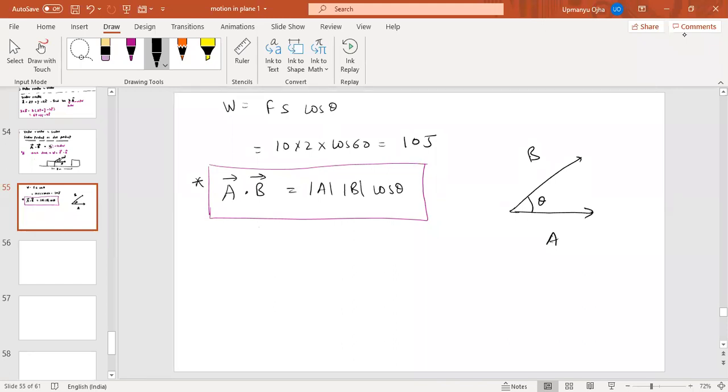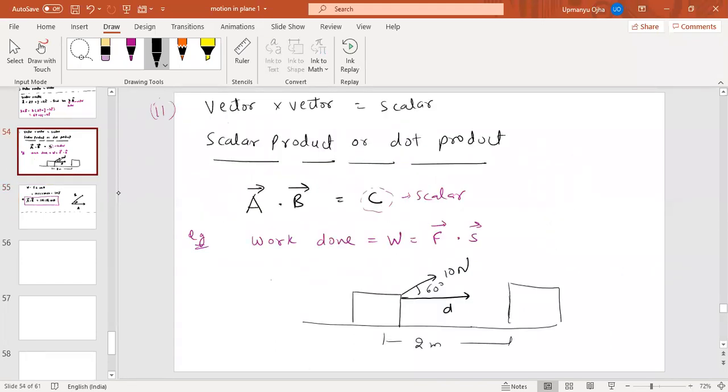So this is the result which you have to remember: A dot B equal to mod of A mod of B cos theta, where theta is the angle between A and B. So this is a very important point of scalar product or dot product. I hope you understand this. I have also given you an example.